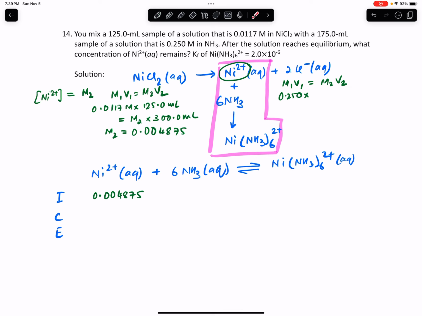V1 is the initial volume, which is 175.0 ml. M2 is what we calculate, the final molarity, and the final volume is the same 300.0 ml, because it's 125 plus 175.